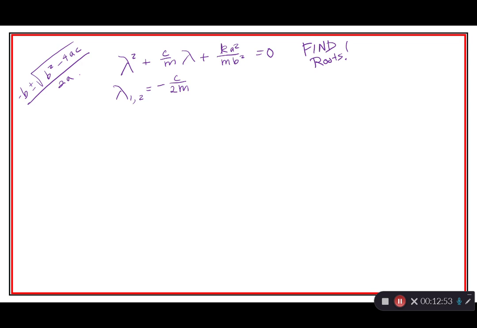But a is 1 in our equation, so that's why we have a 2. This 2 comes back up onto the top, and we go plus or minus the square root of c over 2m, squared, minus, and we don't need the 4 because of that, and we don't have an a, so all we do is write this guy.